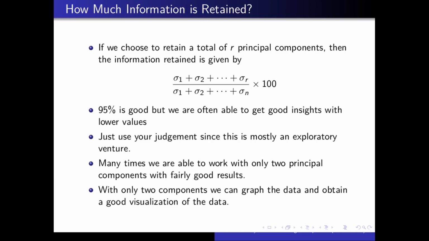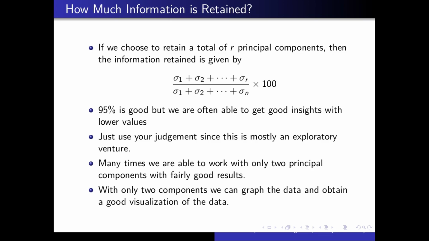We can tell how much information is retained as follows. If we pick the first R principal components, then the information retained is given by the sum of the first R singular values divided by the sum of all the singular values.